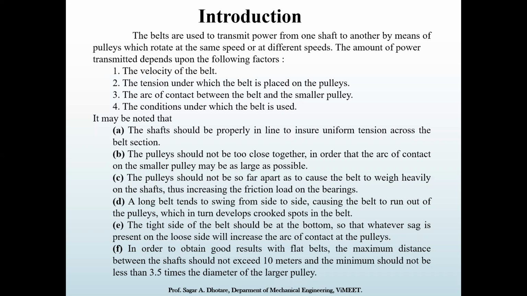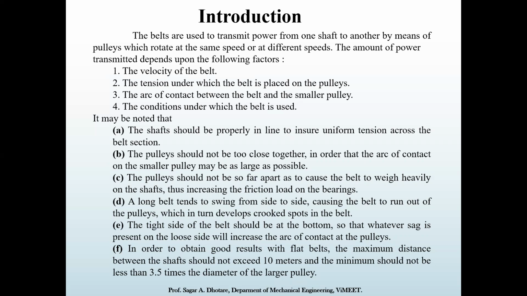Third, the arc of contact between the belt and the smaller pulley. As the arc of contact is greater, the power transmission will be more. Fourth, the condition under which the belt is used, it means the environmental conditions.